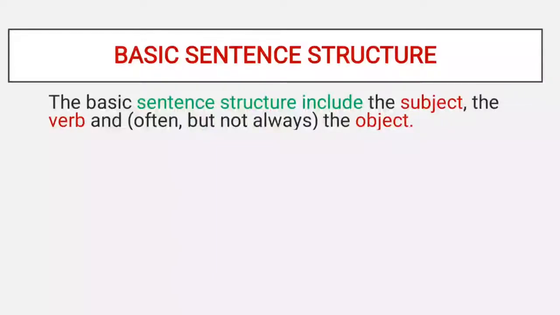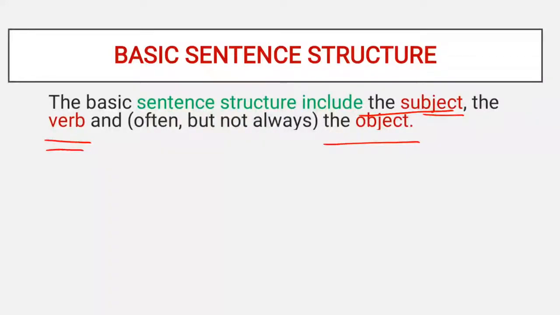Now, the basic parts of a sentence are the subject, the verb, and often but not always the object. Now, the subject. When we talk about the subject, it means we usually talk about a noun, a word that names a person, place, or thing.